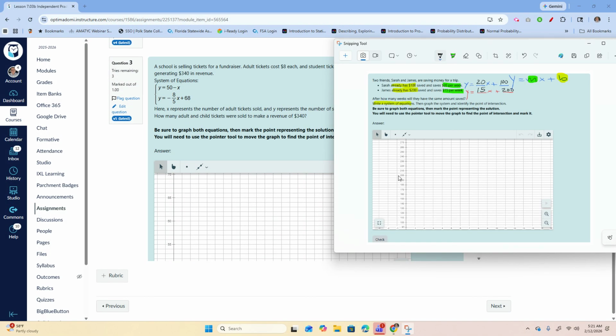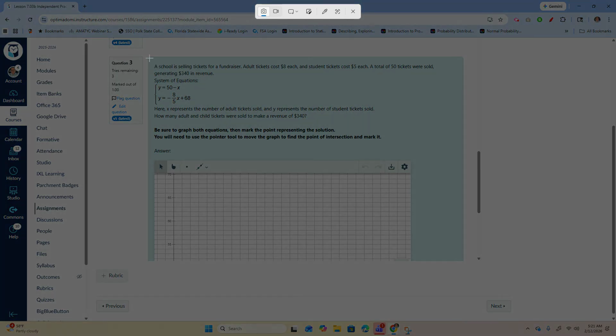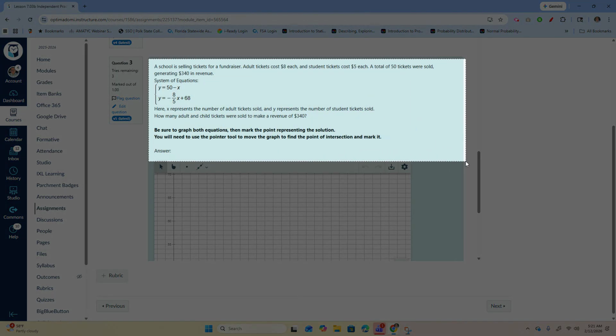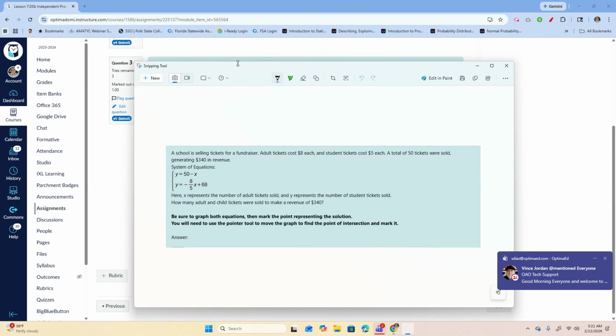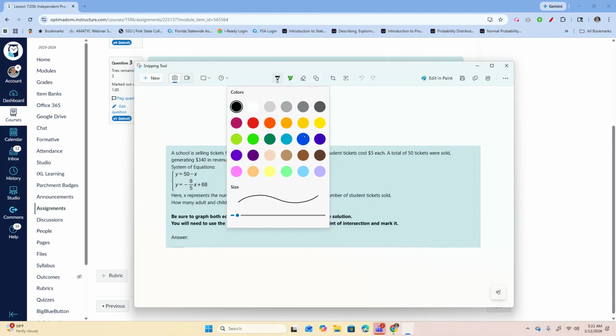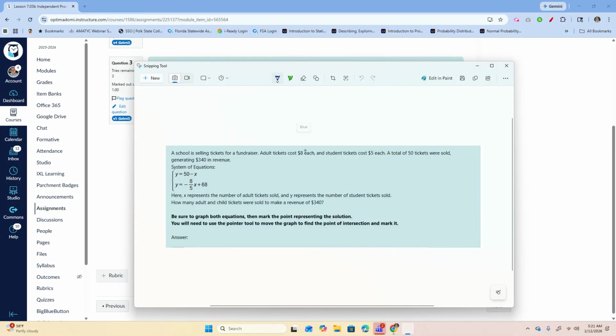So let me take a screenshot of this word problem, okay? And here we go, like we did before. We're going to identify who is our m and who is our b. So I'm going to start with the first one here, and see m and b for each one.